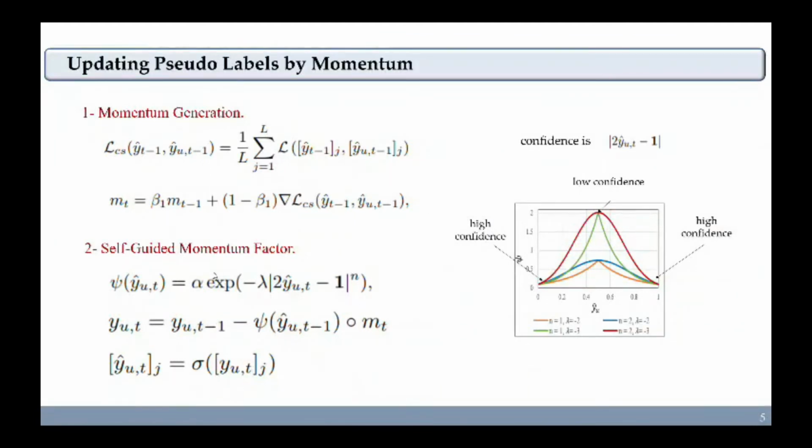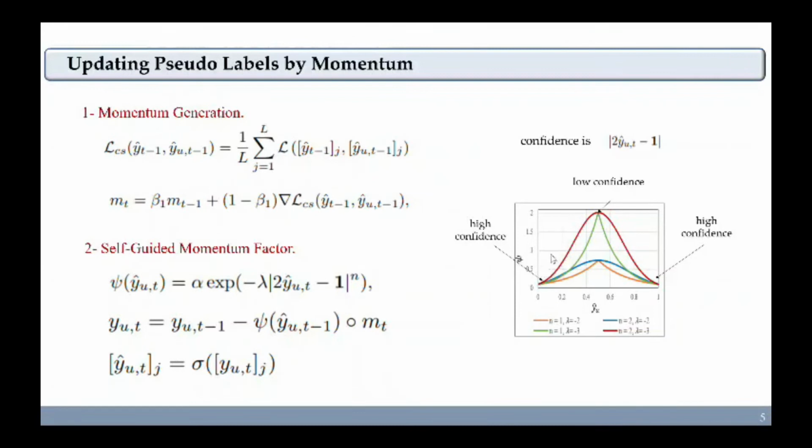Additionally, we need to introduce the self-guided momentum factor to control how much momentum should be used to update the pseudo label. As you can see in this figure, when the confidence of the pseudo label for a class is low, we want the corresponding momentum to contribute more to the pseudo label iteration in order to drive the pseudo label away from its current value to avoid undesired local minima.